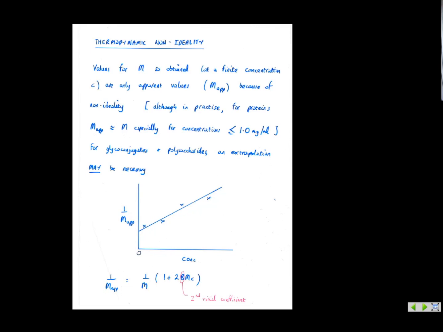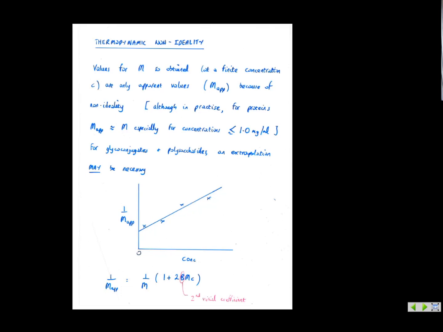Although in practice for proteins, particularly small proteins, the apparent molecular weight, molar mass, is approximately equal to the true molecular weight, molar mass, especially for concentrations less than about 1 mg per ml. But for larger glycans, like conjugates, polysaccharides and things, an extrapolation to zero concentration may be necessary.